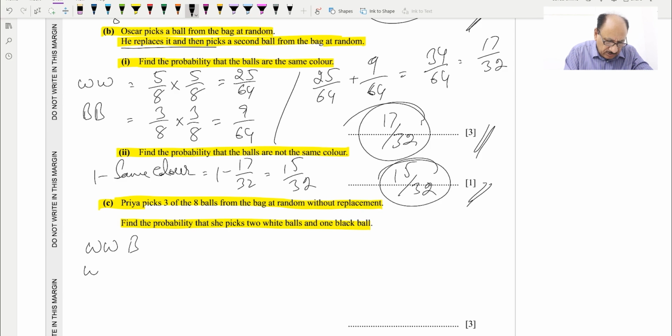This one, or it can be white, black, and white, or it can be black, white, white. So these are the 3 options which are possible, and because it is without replacement, it will be 5 by 8 for first white, and for second white it will be 4 by 7, and the black will be 3, so 3 by 6.